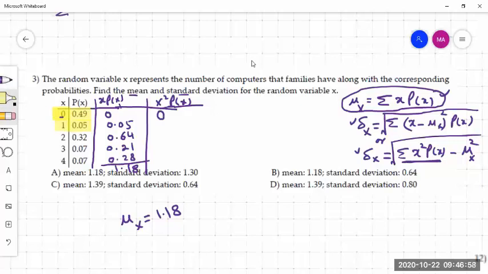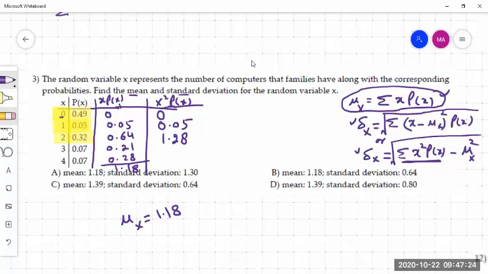Then 1 squared is 1, multiplied by 0.05 is again 0.05. Then 2 squared is 4, and 4 multiplied by 0.32 gives 1.28.